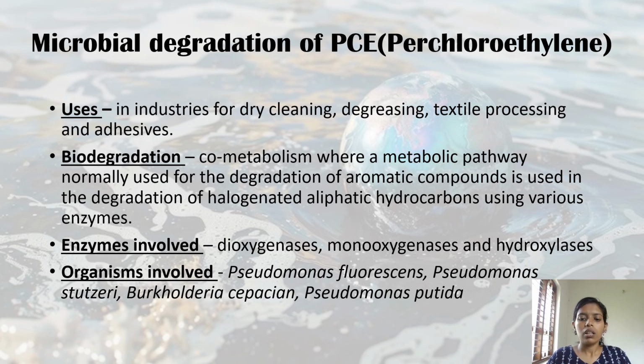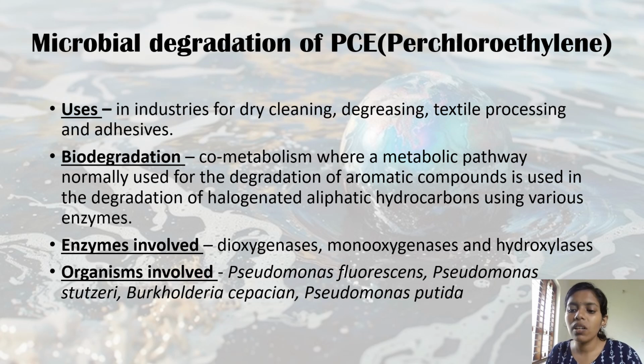Here the degradation of perchloroethylene, which is a halogenated aliphatic hydrocarbon, depends upon the metabolic pathway used for the degradation of aromatic compounds by the microorganism. So this is known as co-metabolism. Perchloroethylene is degraded by microorganisms using this co-metabolism method.